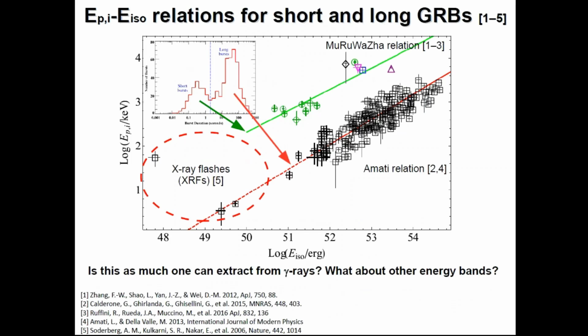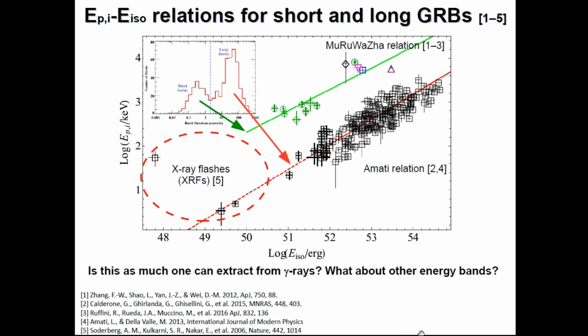Okay, so I start here using the ICRANet diagram because it's a very useful tool and was used in the past to discriminate between short bursts and long bursts. This is what was done up to 2011, if I remember correctly, even 2015, following the work by Calderone et al.